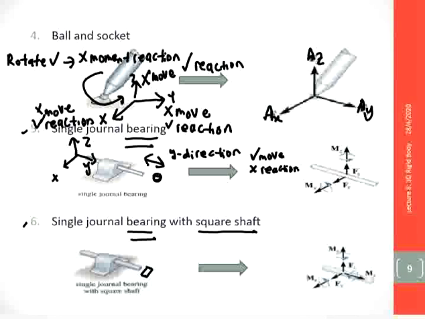But in the x direction, this shaft cannot move, so there is a reaction. That's why there is Ax here.